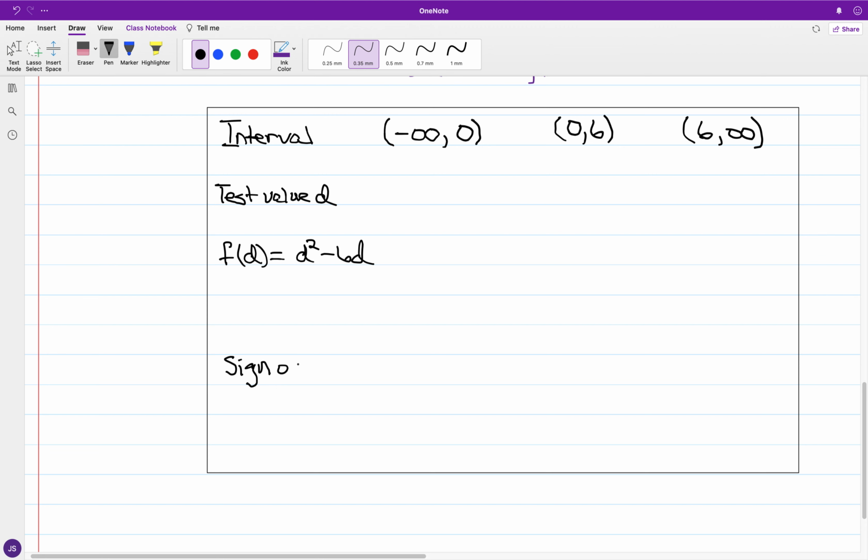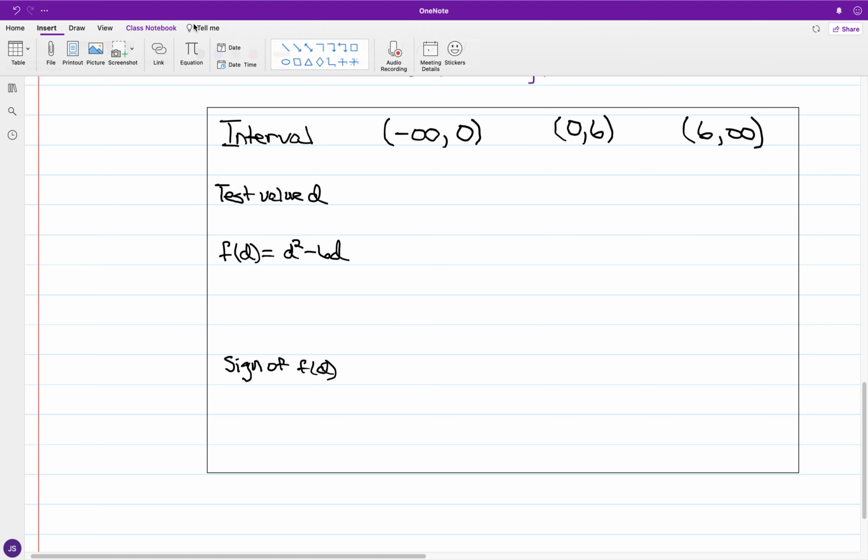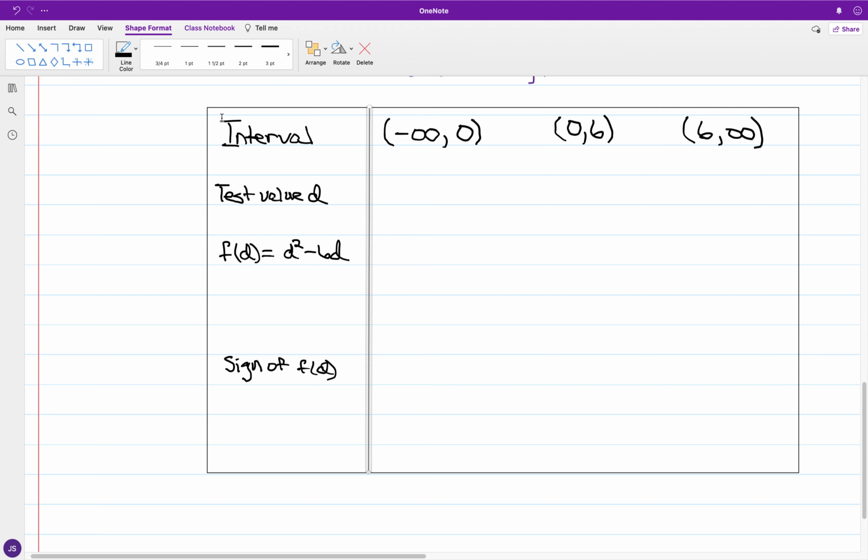And once again we have the sign of f of d, so once again just dividing the column headings as well as the row headings.